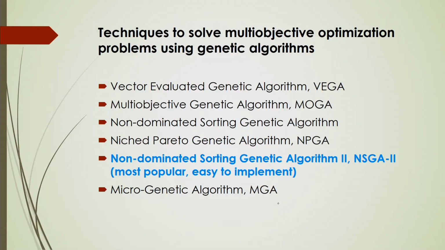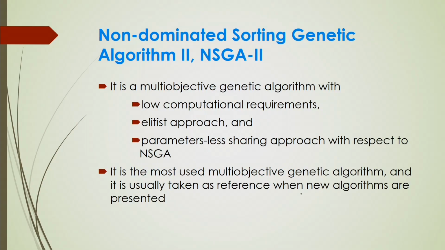This is very important and most popular, and it is also very easy to implement to get the optimal solution of multi-objective optimization problems. Another important one is the microgenetic algorithm, which is coming nowadays, but among these different techniques, non-dominated sorting genetic algorithms are the most popular and easy to implement.